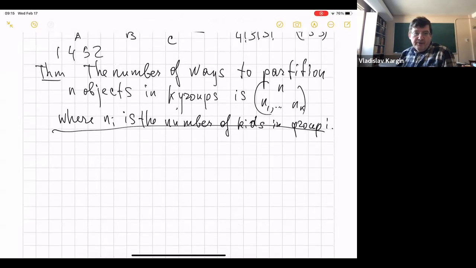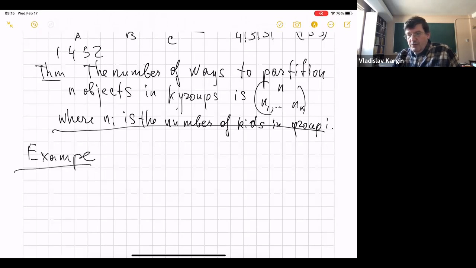Now, one of the important cases here is in how many ways we can select k objects. So in our example, say 40 students in a class.